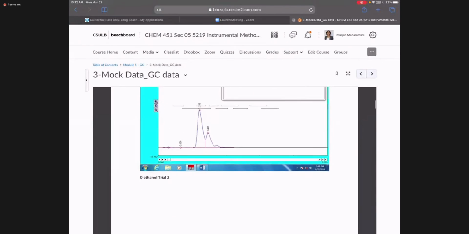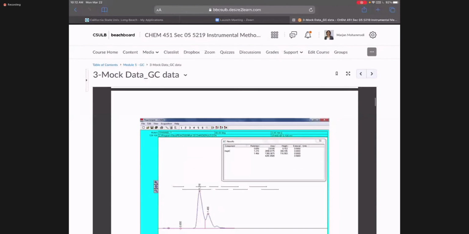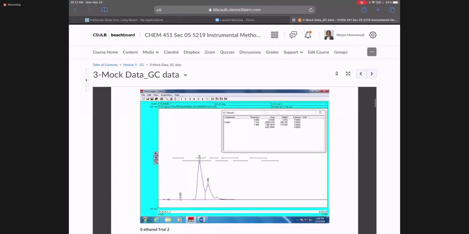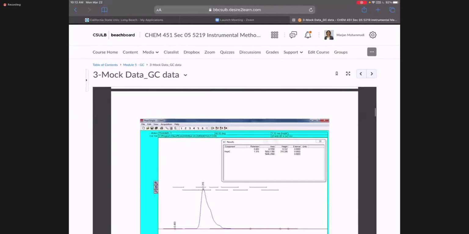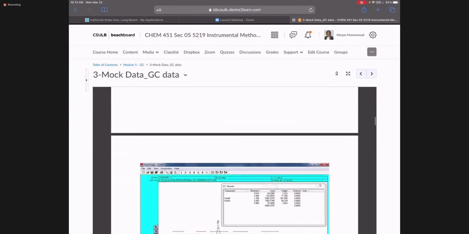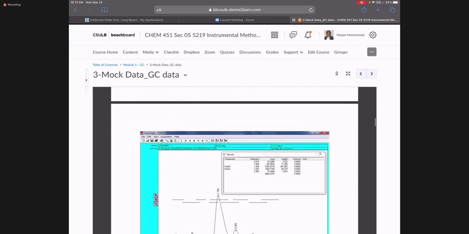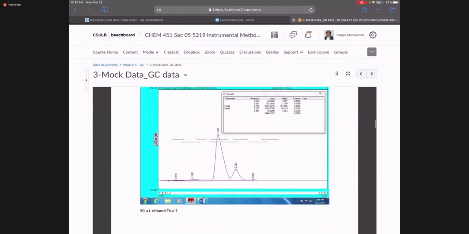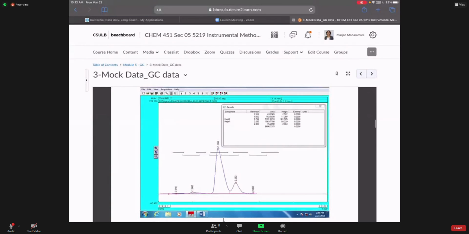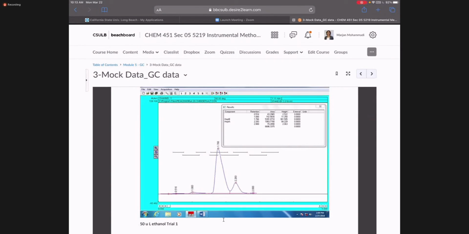Wonderful. So the most important number you are going to focus on from this table is the area, because you need that one for making the standard curve. So we saw that we have 3 trials for just hexane, 0 ethanol. Right here, as you can see, 50 microliter ethanol, trial 1.